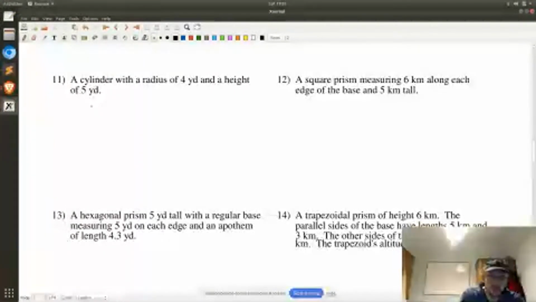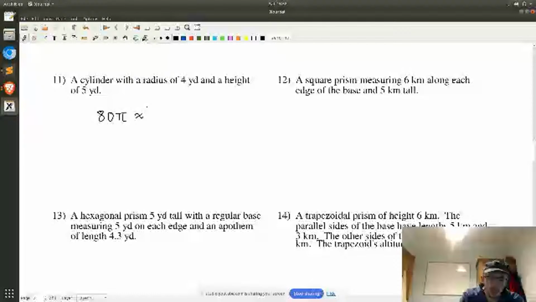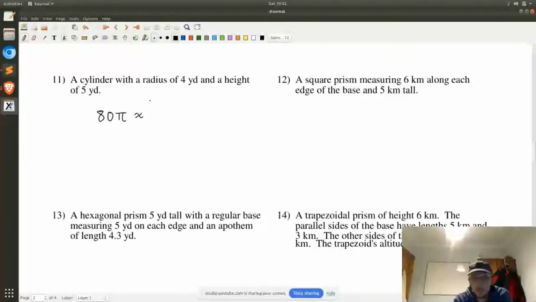So 16 pi, and then times that by 5 to get 80 pi. 3.14 times 80 is 251.2, or 251.3, I believe, that many cubic yards.